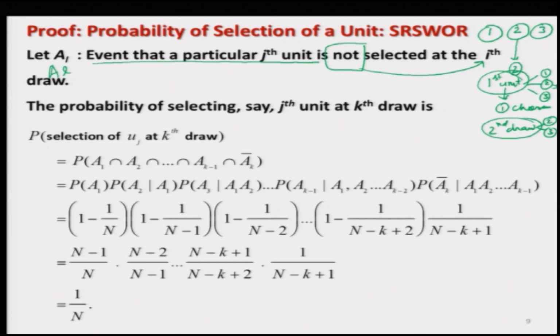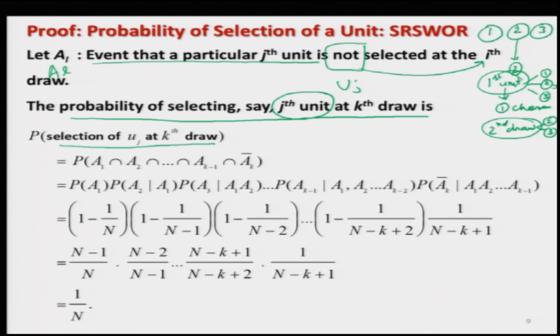Okay. Now, I try to find out the probability of selecting the jth unit at the kth draw. Suppose I indicate this jth unit by u_j. So, u_j is nothing but your sampling unit, right. Whatever are the units in the population, one of them is going to be the jth unit. Now, using the basic theorem of multiplication of probabilities, I can write down the probability of selection of the jth unit at the kth draw.